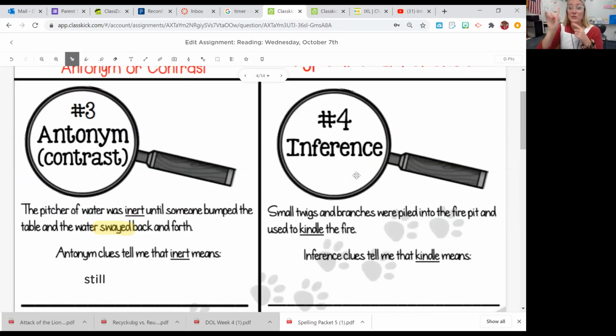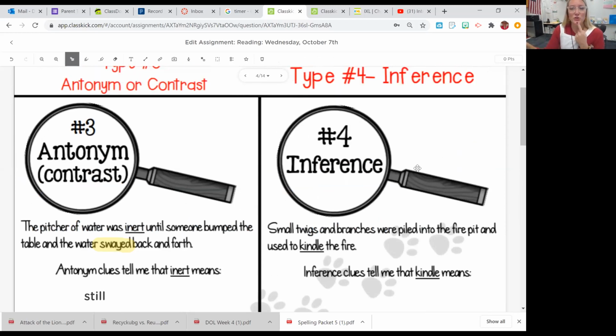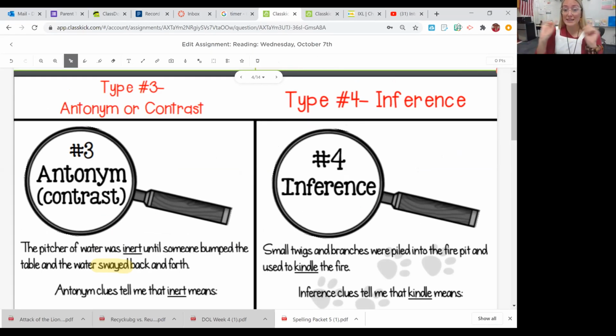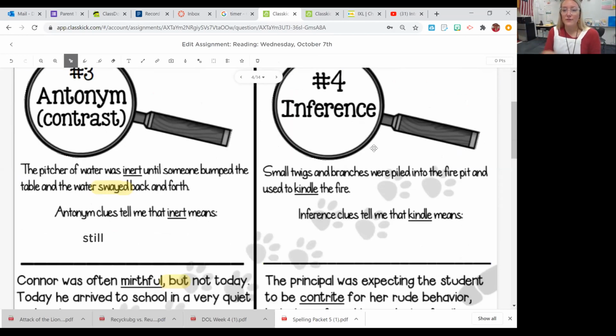So we are now at 3: definition, synonym, antonym. Now we're at inference. You might not know this, but you use inferences all the time when you are trying to make connections. Inference is when you think about the words and you make a connection with those words, okay? So let's go ahead and read the first one.